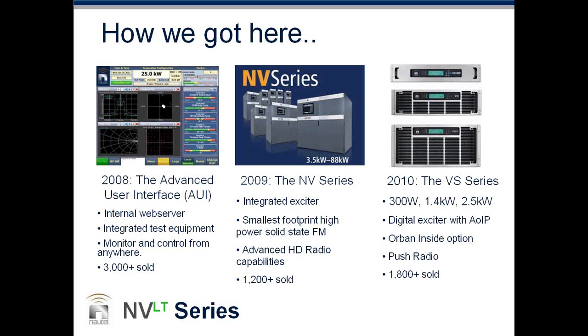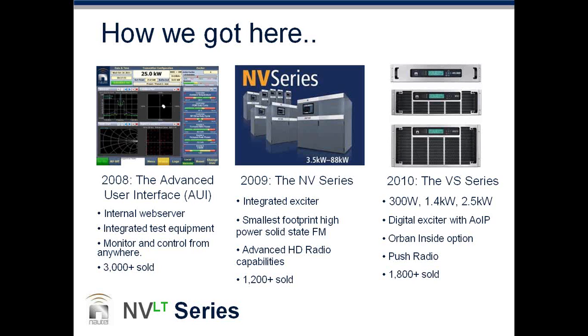In larger transmitters, literally hundreds of items that we're taking samples of and making available through the AUI. And it also includes integrated test equipment that you won't find in most other transmitters. And this is all brought together through an internal web server. So it's a very powerful tool that gives you the ability to stand in front of your transmitter from anywhere with a whole rack full of test equipment and understand what's going on deep down inside the transmitter before you get into your car at midnight to go to the transmitter site and know what's wrong with it.